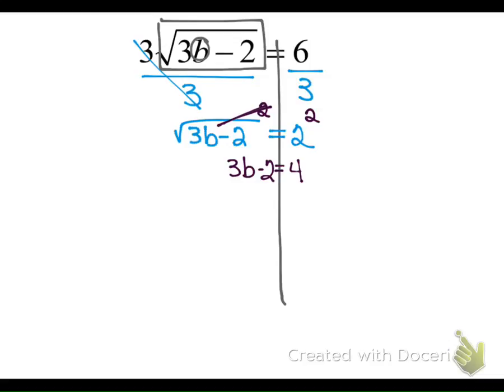So how do I get the b by itself? 3b equals 6. Divide by 3. So then to get the b by itself, Rihanna said we're going to divide by 3. So then 6 divided by 3 is going to be 2.